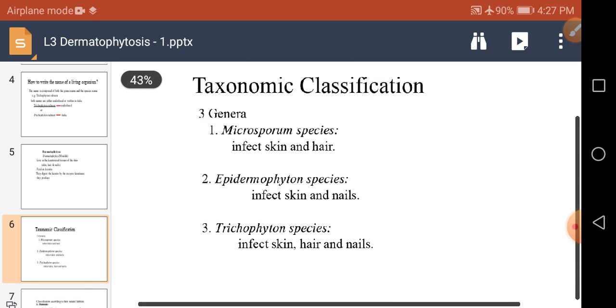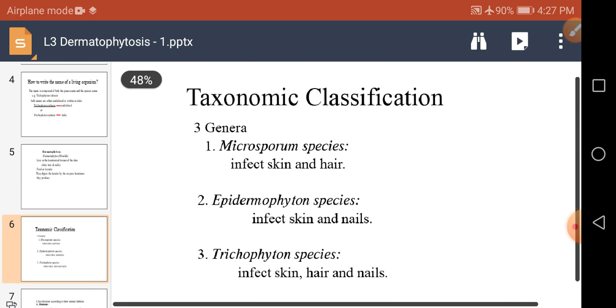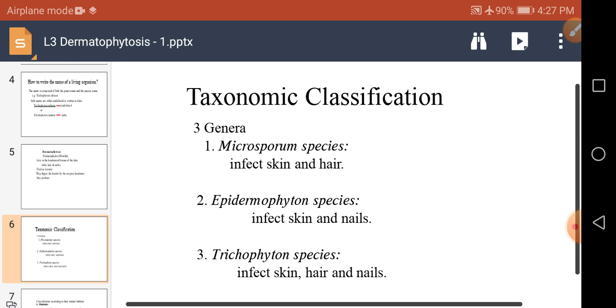Taxonomic classification. Taxonomy is a science of classification of living organisms. Dermatophytes are classified into 3 genera, plural, genus singular. Number 1, Microsporum species.